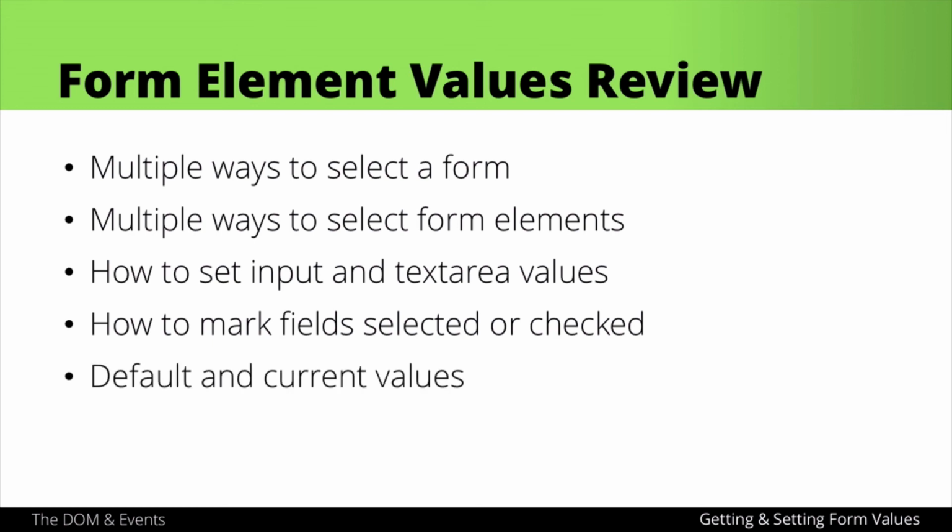Then we also talked about default and current values, how we could use defaultChecked or defaultValue, as well as the current value, or checked, or any of those. And this could be helpful if you ever wanted to figure out what it was when it first loaded and then what it is now. But like I said, you do not get a full array of every single change that's happened to that. And we'll look later on in this course at how we could reproduce that or create that ourselves if we really needed to.